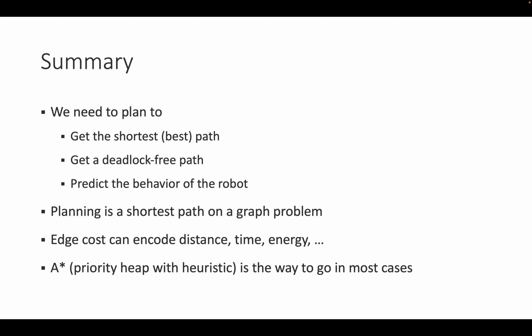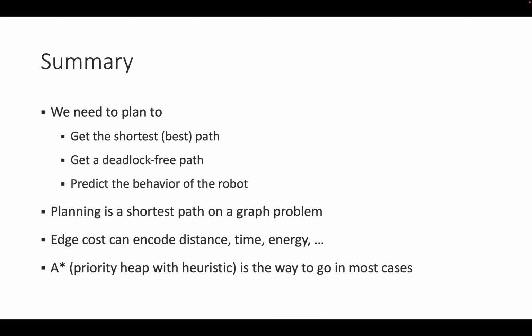So in summary, we need planning to get the shortest path to a goal. We need planning to get deadlock-free paths. So as soon as we are stuck, we want to explore different locations to create better routes to get there. And finally, we want to use planning to predict the behavior of the robot. No matter what cost function you choose, you can always reduce this to a shortest path on a graph.